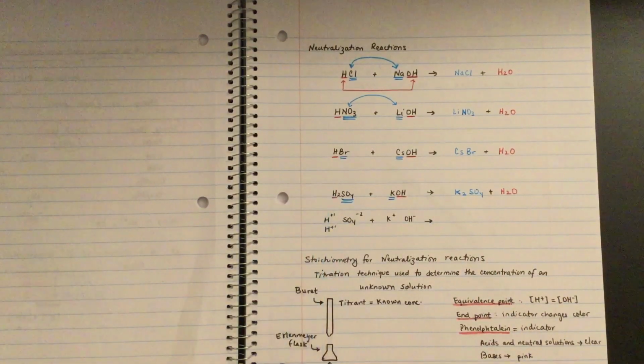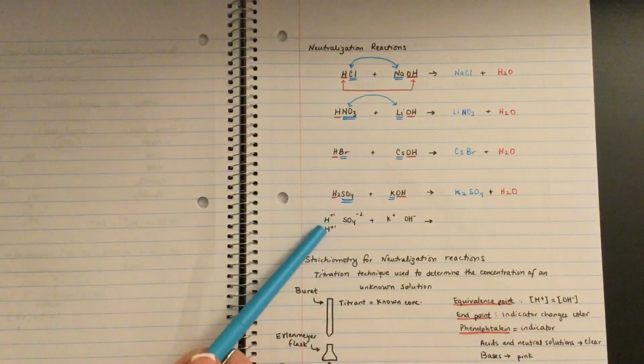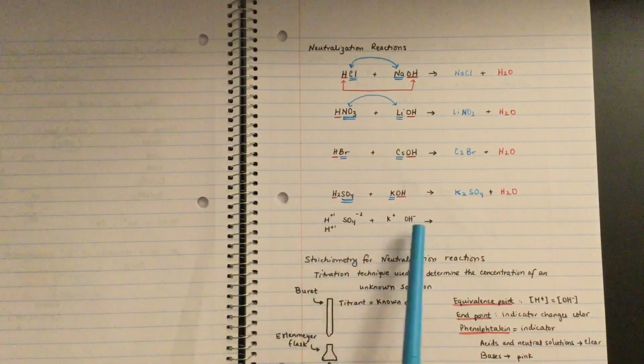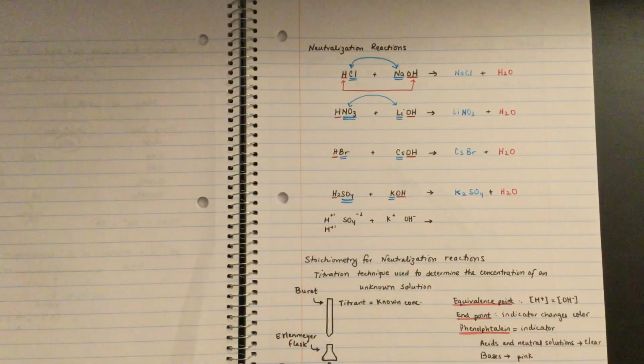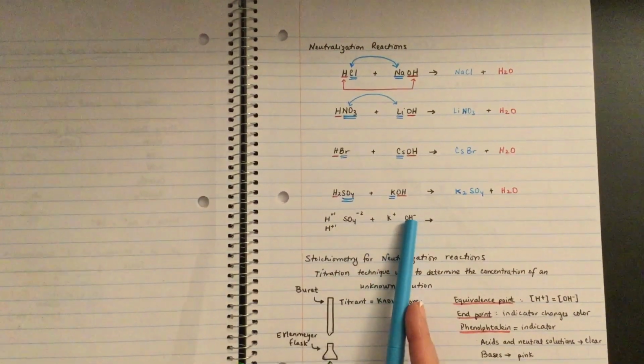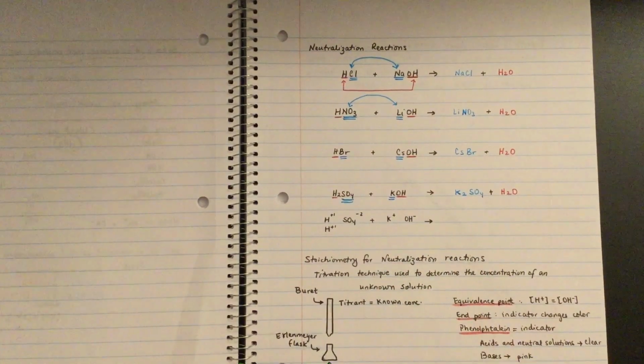Now, in this case, when you have your diprotic acid, to neutralize 2 ions of hydrogen, you need 2 hydroxides. 1 hydroxide is not enough. 1 hydroxide is enough to neutralize 1 H plus with OH minus to give you 1 water molecule. But your acid is giving you 2 protons in solution. So you need 2 hydroxides to neutralize your 2 protons.